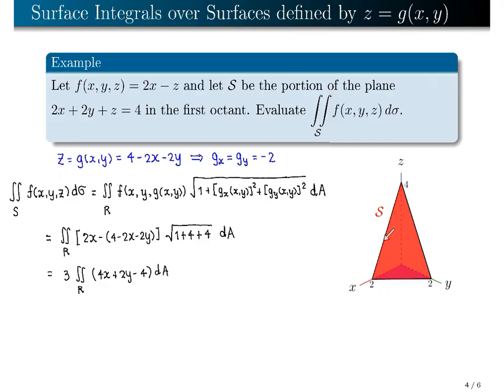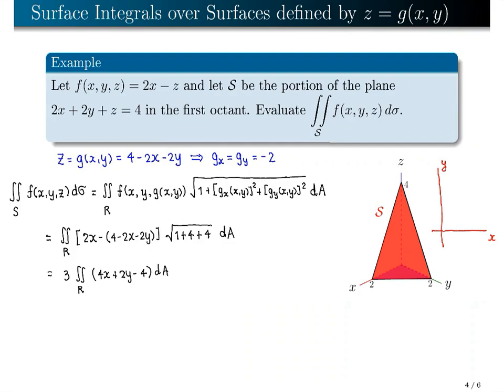We see that projecting the points of surface S on the xy plane below yields this isosceles right triangle, which is then region R. Some students find it useful to draw the region R in a separate xy plane, which we do for this example.